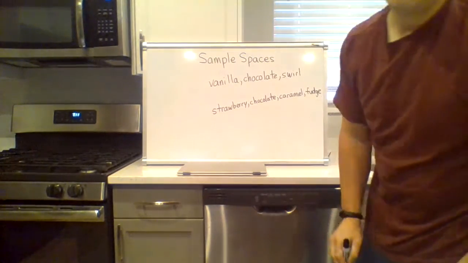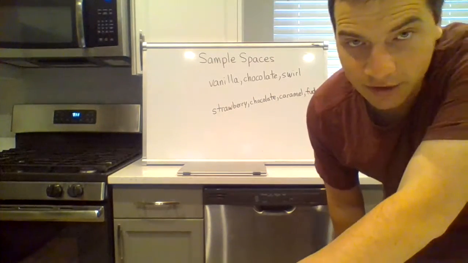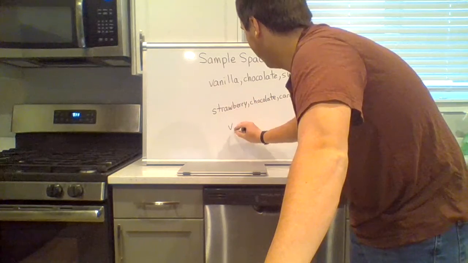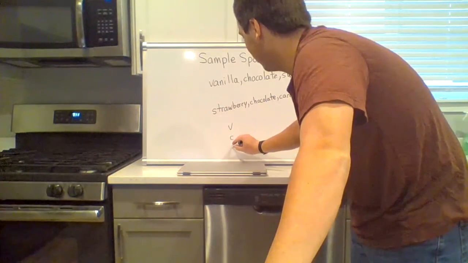Okay. Once again, you can make a tree diagram. We have vanilla, chocolate, swirl. I get lazy and just put the letters for my tree diagrams.